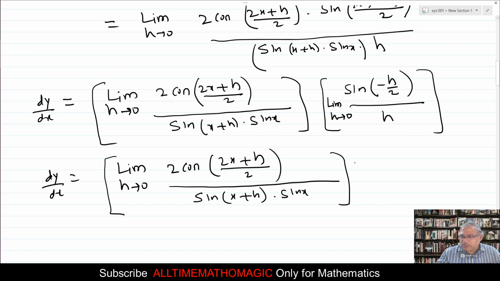Otherwise we can do shortcuts as well, but I am trying to do as many steps as I can so that your concept will become clear. Once your concept is clear, you can do shortcuts as well. Now sin of minus theta is minus sin theta, so limit h tending to 0 of minus sin of h by 2 divided by h.